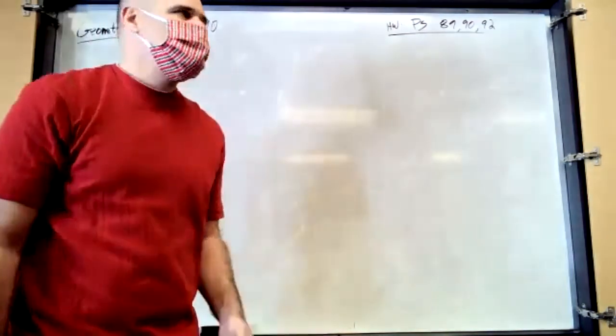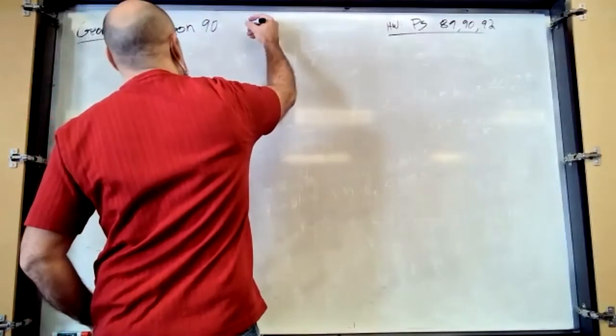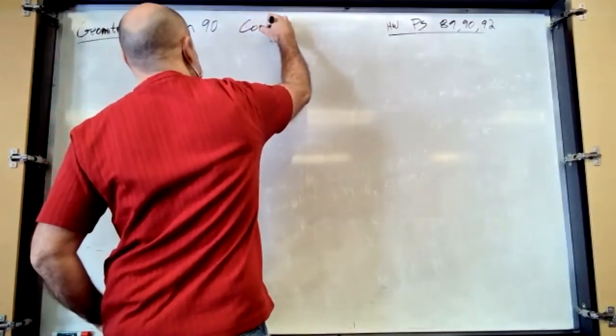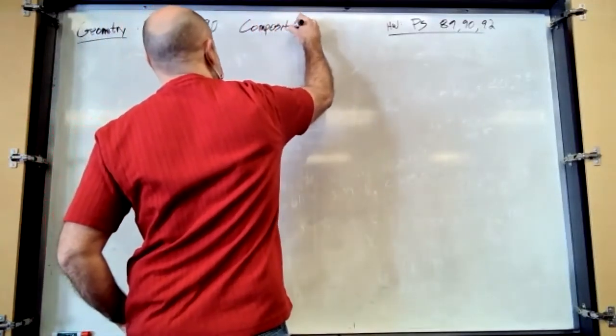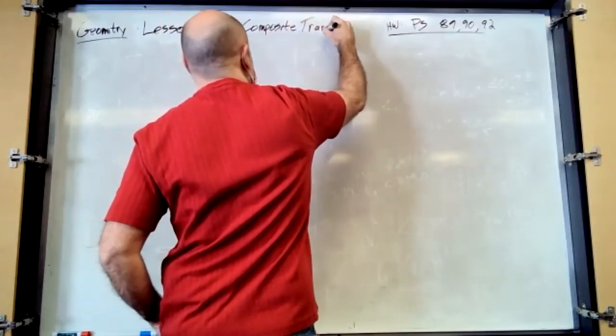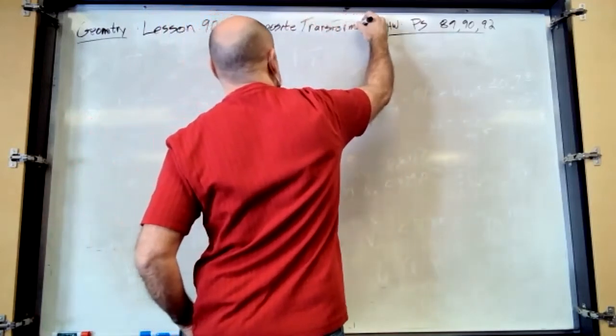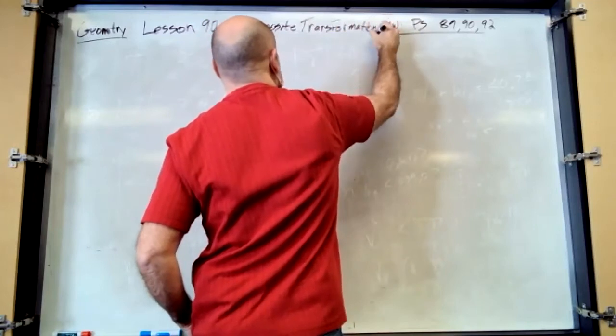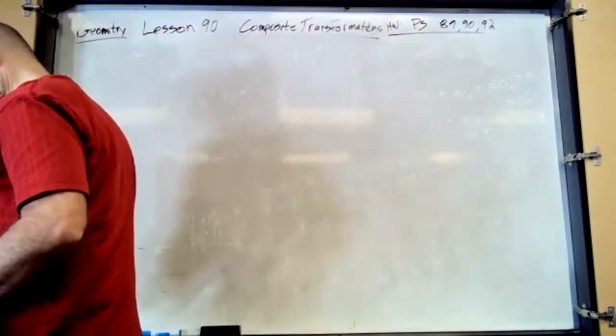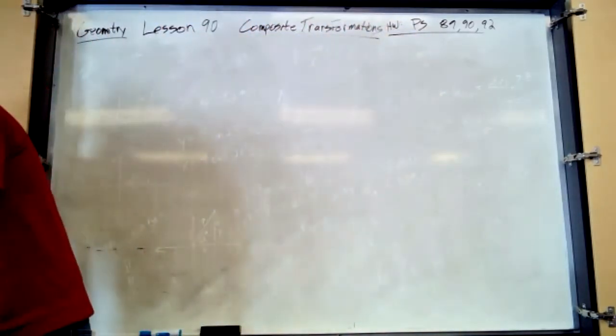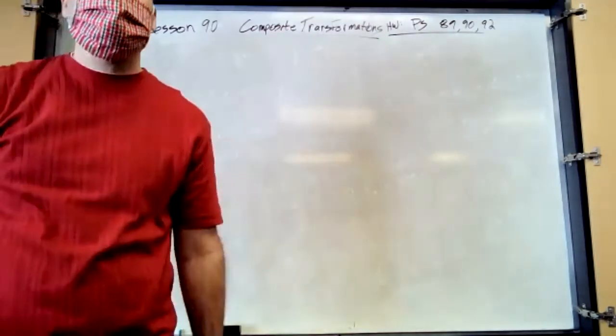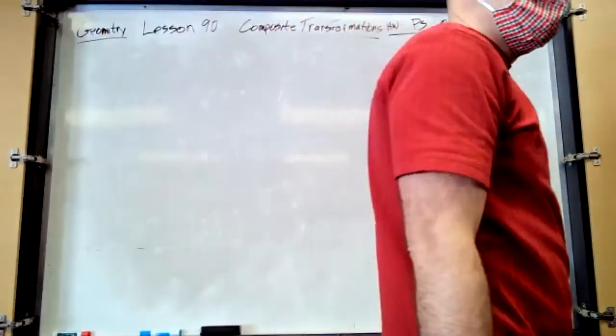All right, we're going to talk about composite transformations. I hope that's the video. Do you by any chance want to just not make me do the last practice test?